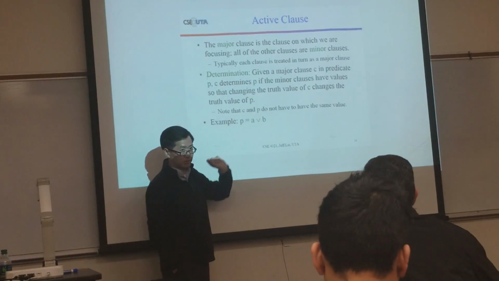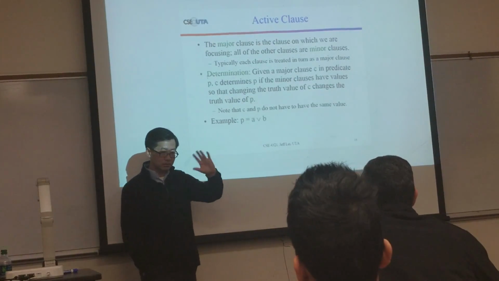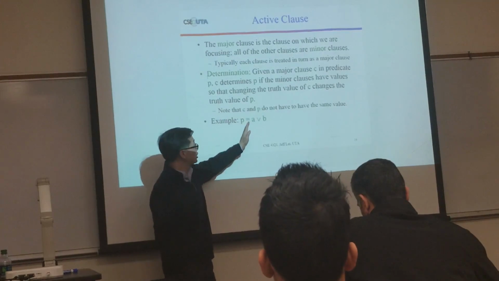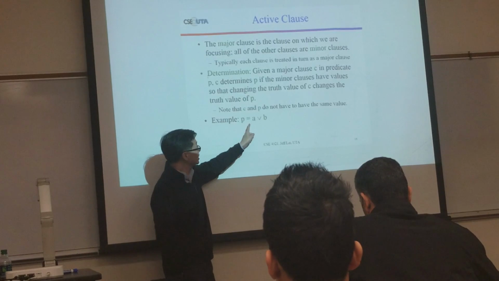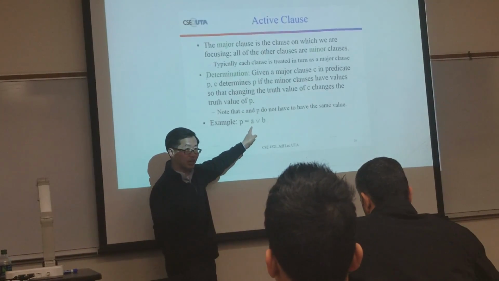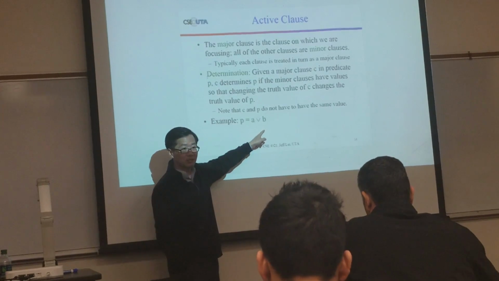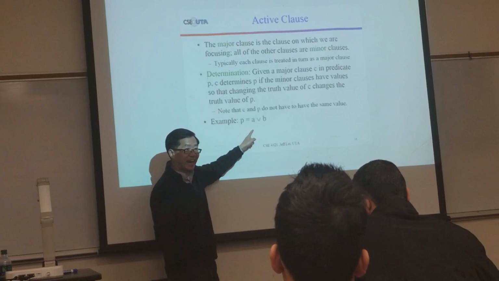What value B has to take? False. Okay. So again, when we do predicate testing, we do active clause testing. We're going to test one clause at a time. When I test clause A, A is the major clause, and B is the minor clause, the other clauses, right? So first I have to make A active.